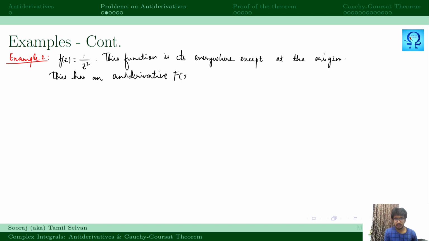Big F of z is minus 1 upon z in the domain absolute of z bigger than 0.